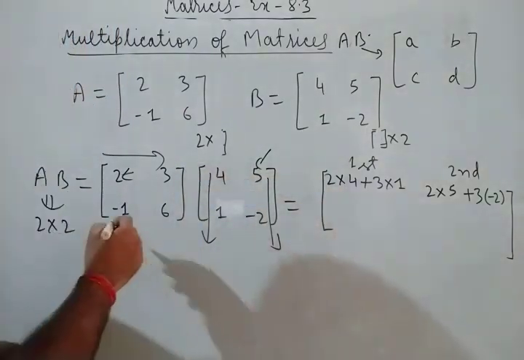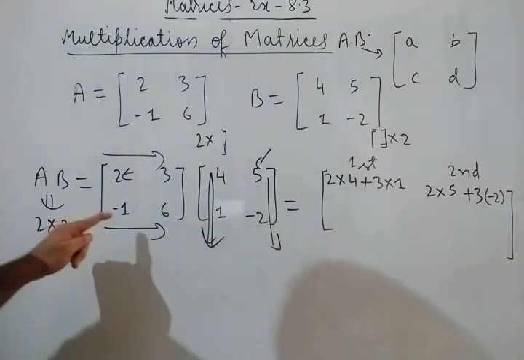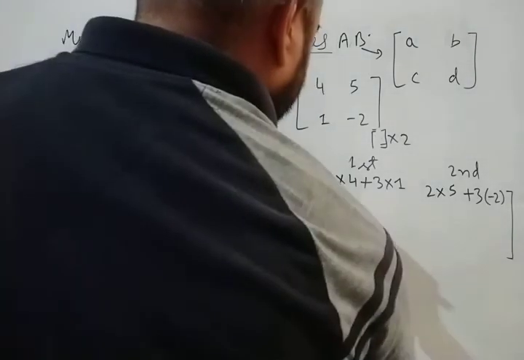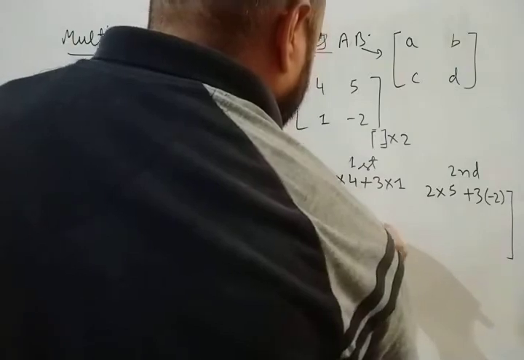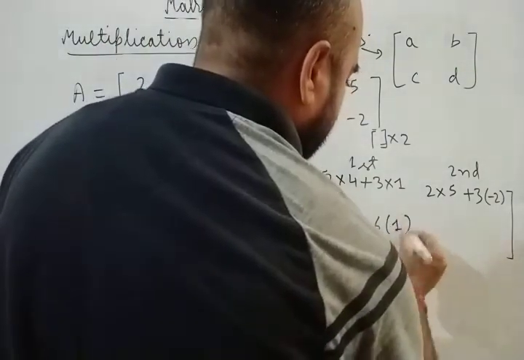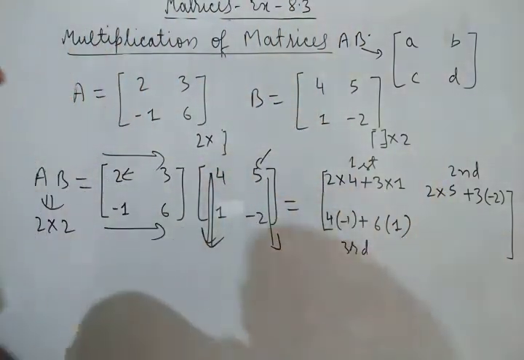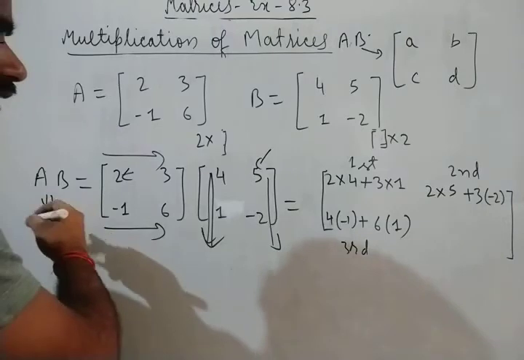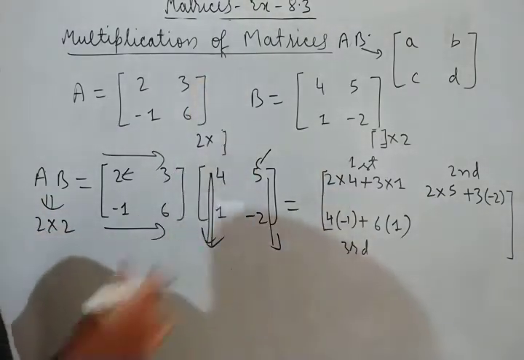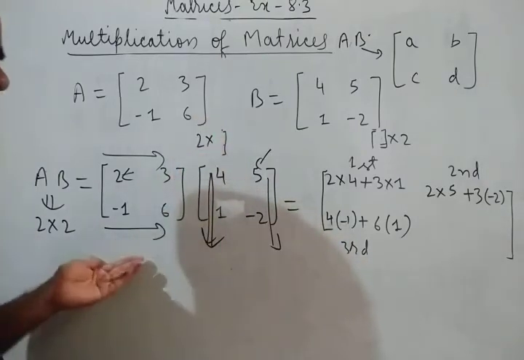Second row will be multiplied with the first column: minus 1 into 4, then we add 6 into 1. This will be the third element. I am taking row wise. Then second row, second column.